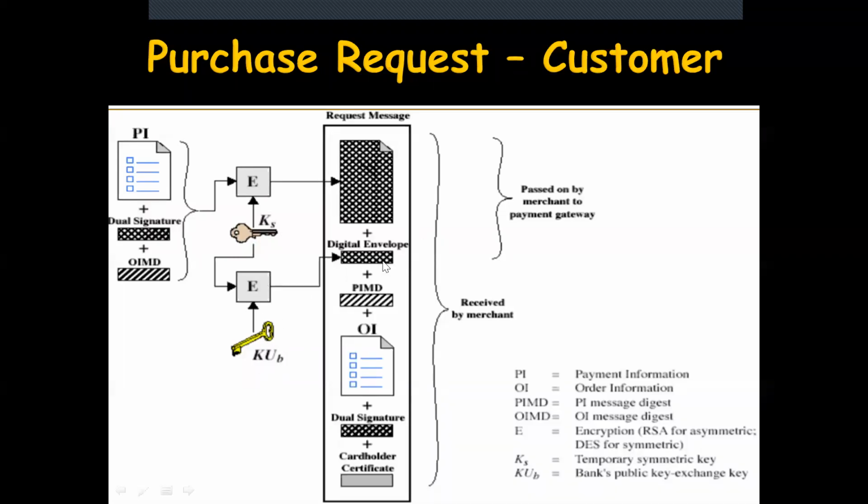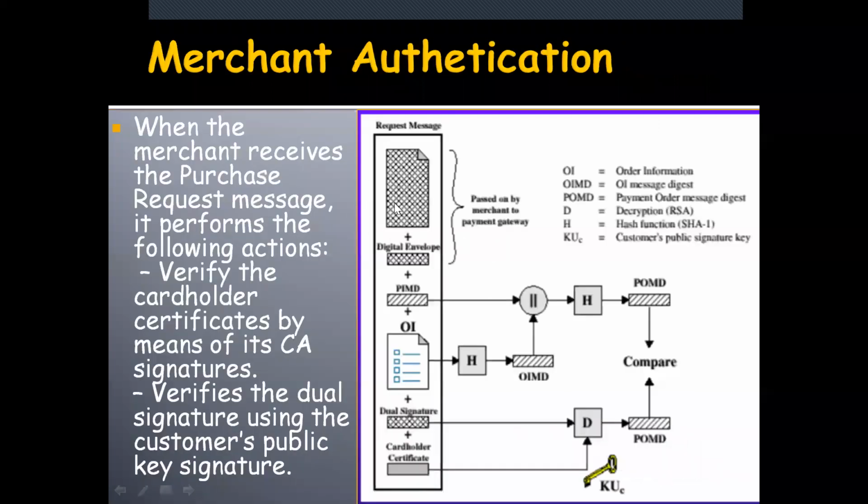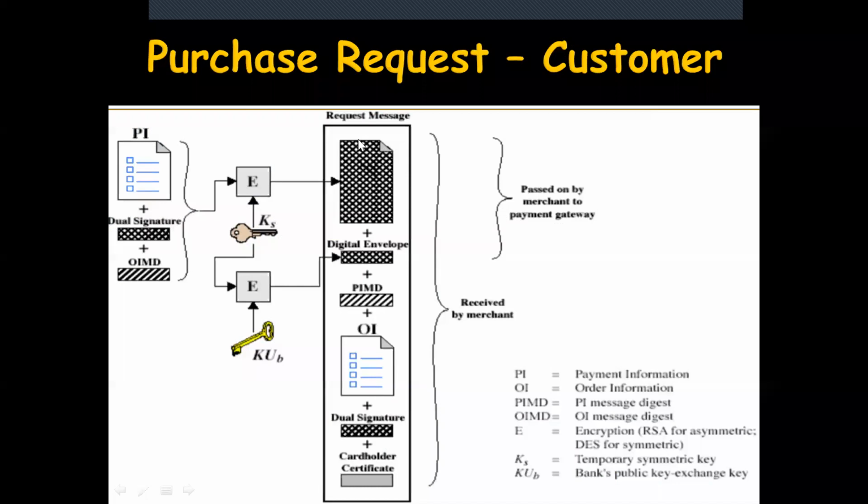So the bank applies its key to the digital envelope, and by decrypting the digital envelope, the bank gets the private key. Using this private key, the bank decrypts the message, and after decryption, what the bank gets is the payment information, dual signature, and OIMD.